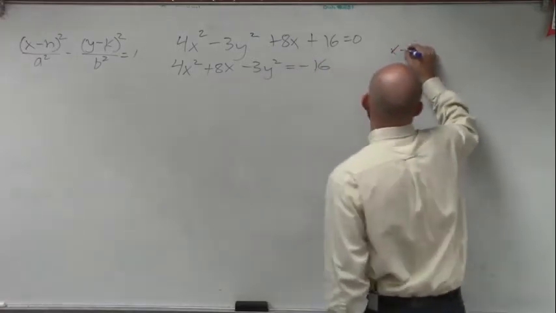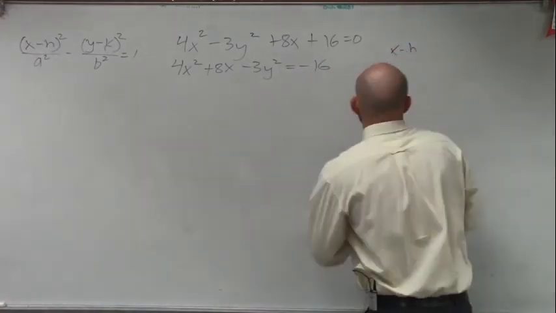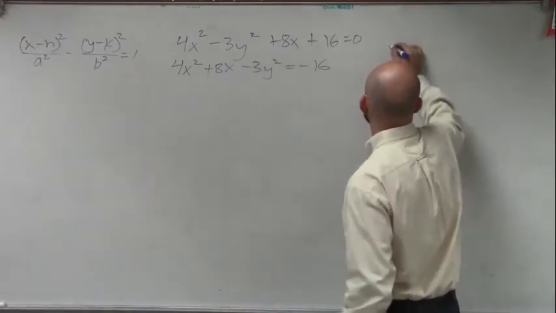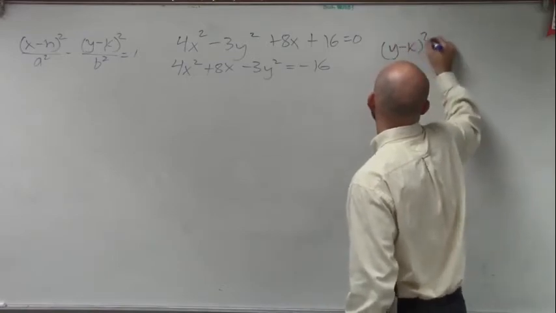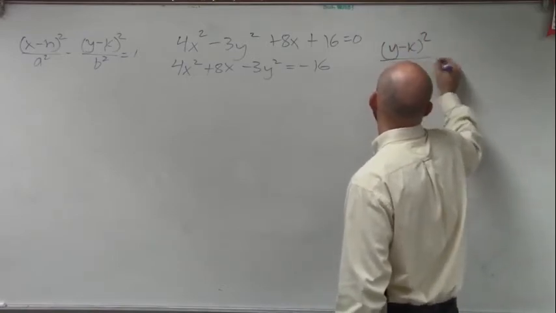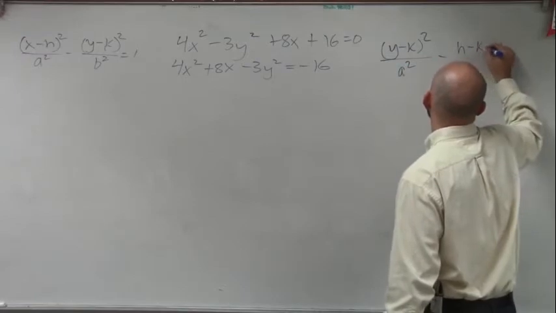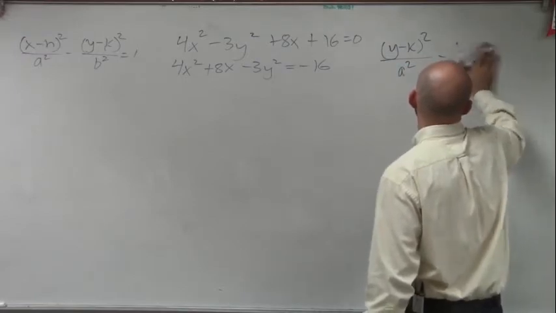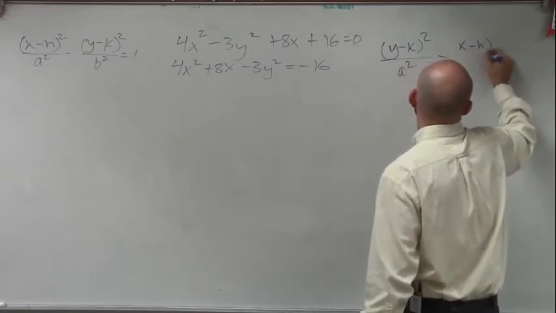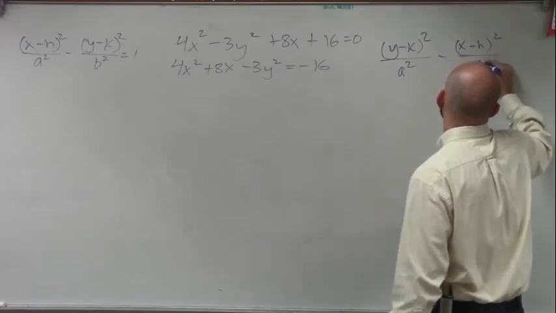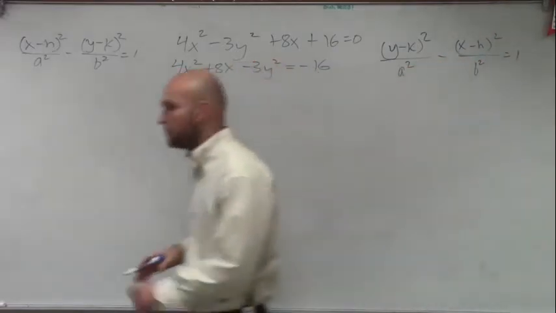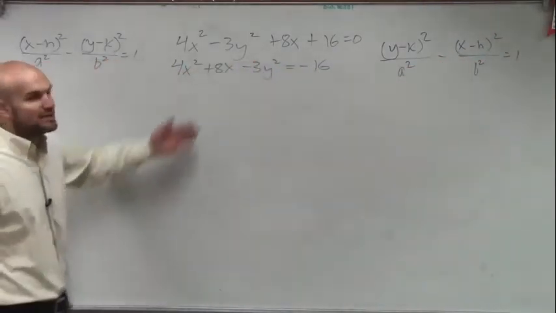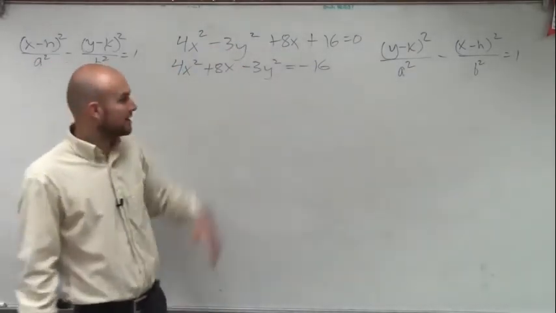This one would be y minus k. Okay, so we have our two formulas, and we need to make sure we can write this in that formula, right?